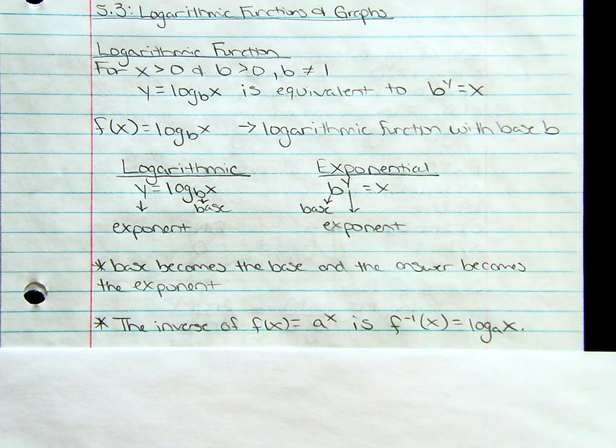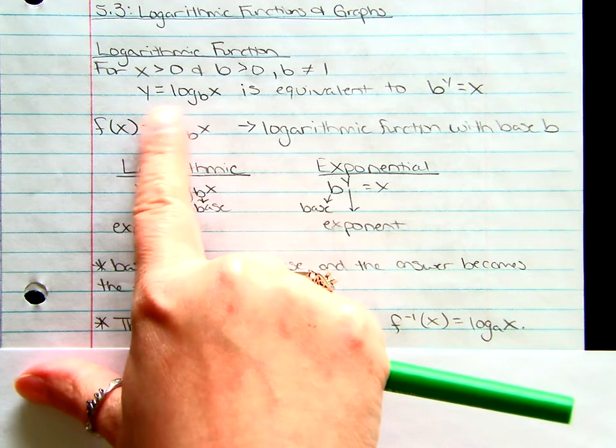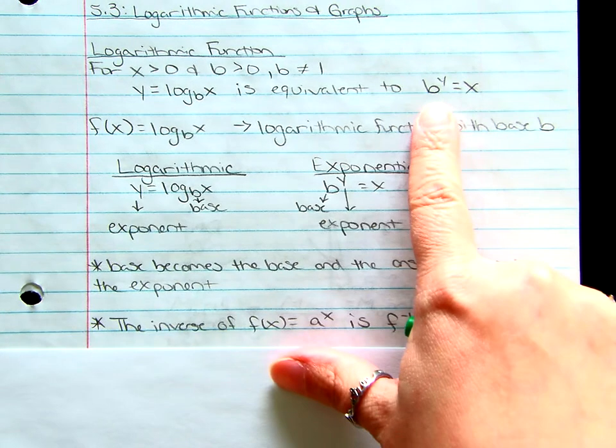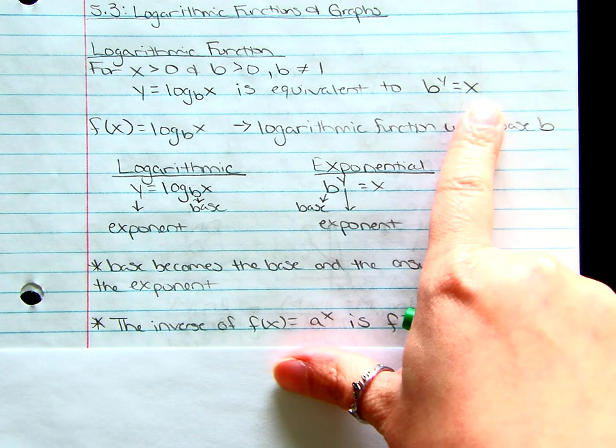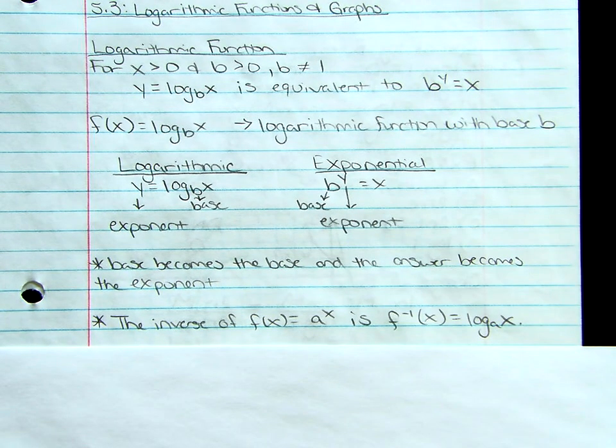But as you can see, we use our exponential to define our logarithmic, because we say that our logarithmic is equivalent to b raised to the y equals x. And so we actually have a lot of the same components in our logarithm that we have in our exponential.